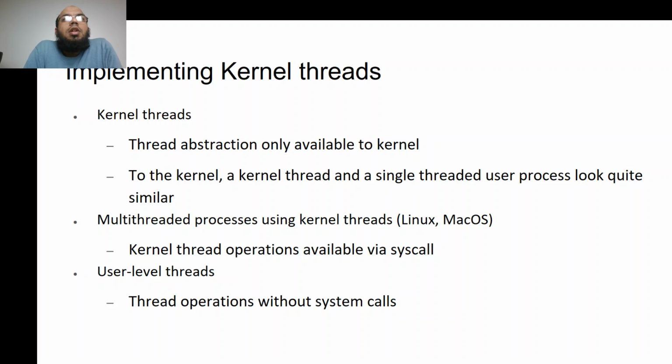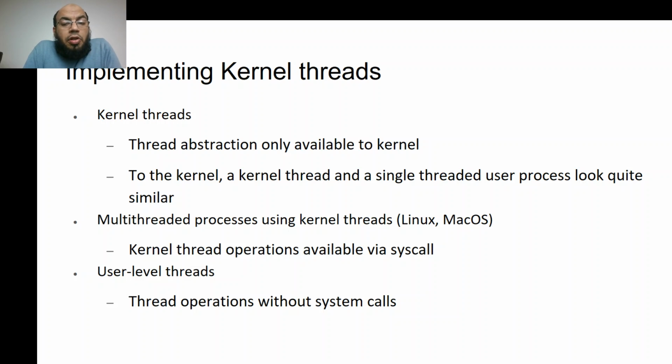So this distinction is rather there for the kernel to be able to handle user-level threading, rather than because the kernel itself needs to run multiple threads for a process. A kernel thread is almost entirely like a single-threaded user process. Multi-threaded processes use kernel threads. For example, Linux and Mac OS do that.